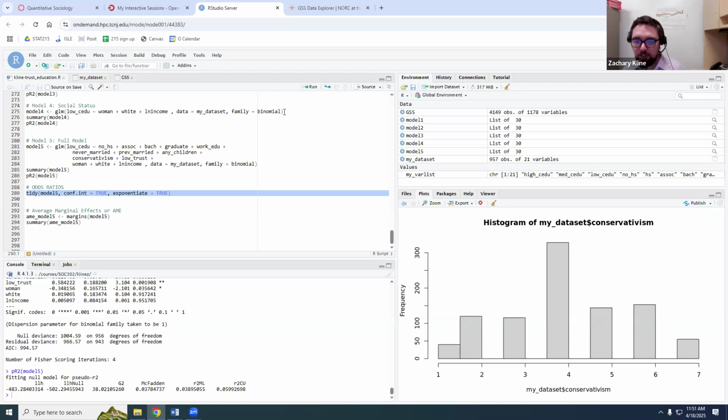The other important thing is, well, how large are these effects? How large are these differences in the probability of having low confidence in education? How large the effect is can help us know if the effects are actually substantively meaningful, or should we care about it.